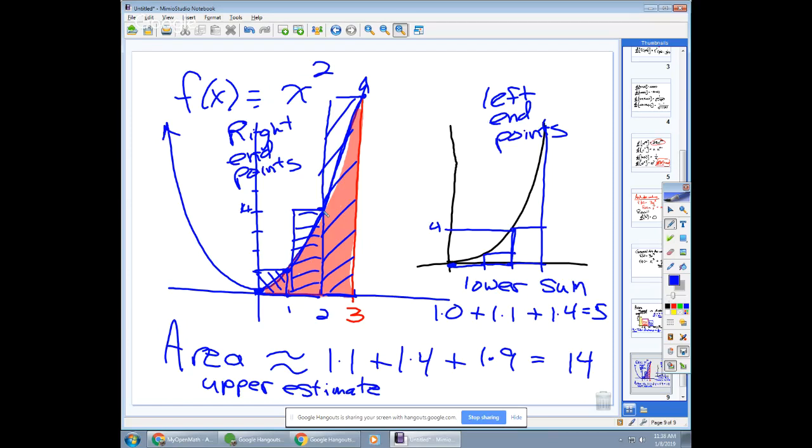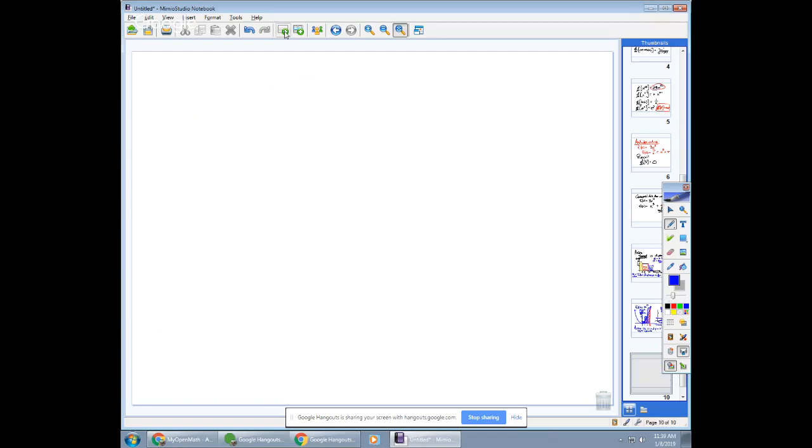Another way we can get a better answer here is to use more rectangles. I only use 3. Instead of going every 1 unit, I could go every half a unit. So let's just do that for fun. So we have 1, 1. We have 2, 1, 2, 3, 4. 4 would be there. 5, 6, 7, 8, 9 would be somewhere up there.